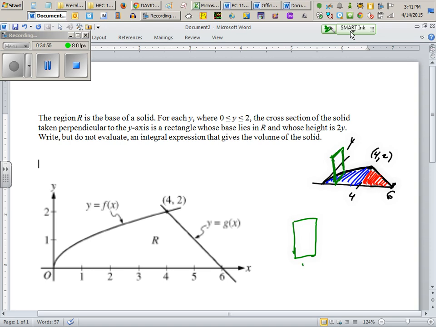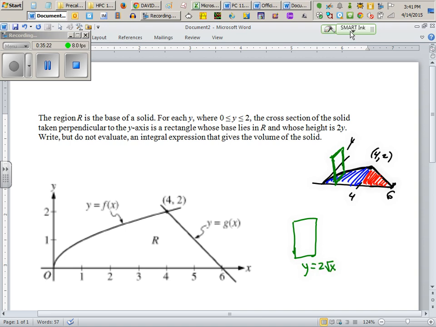This distance here is just y, because it's the length along this. So this is 2 rad x.